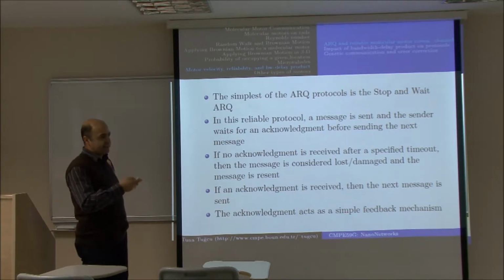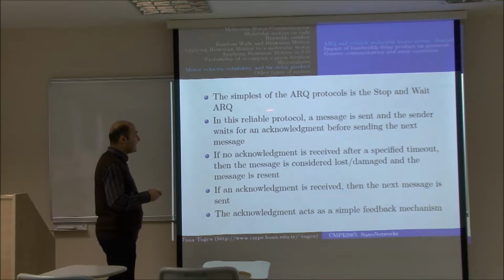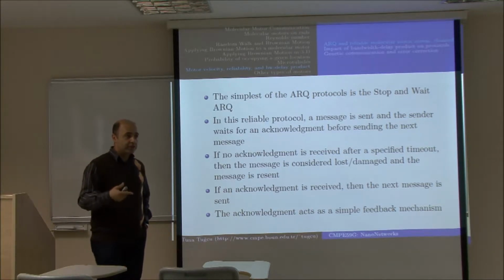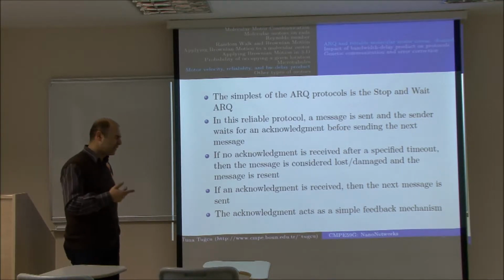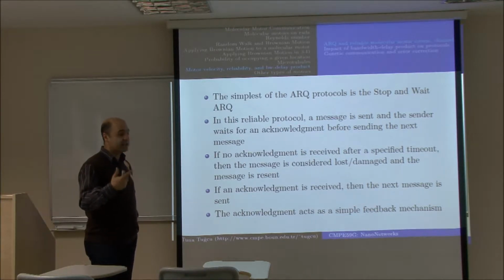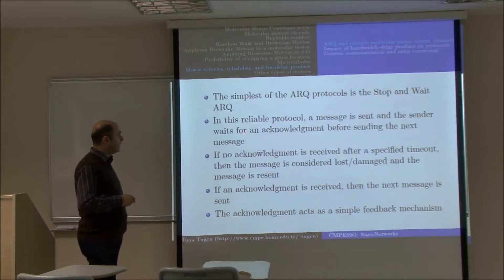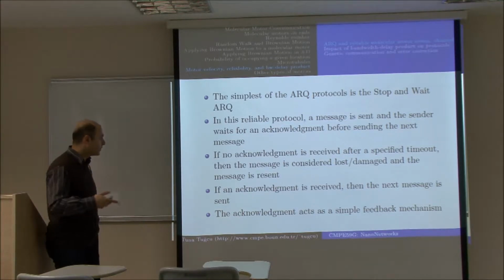So these are the basic ideas, as you will remember from computer networks courses. So if we're using the stop and wait protocol, it's a reliable protocol, because if something is lost, you retransmit. But it's not very effective. Actually, it is effective, but it's not very efficient. I should correct it. So a message is sent, and the sender waits for an acknowledgement before sending the next message, the next packet.